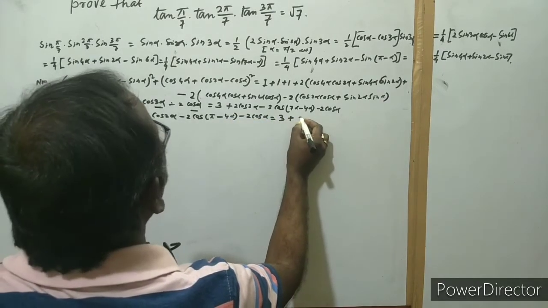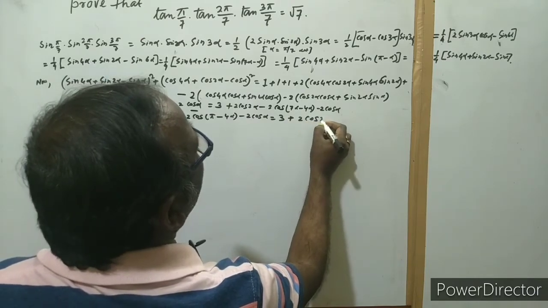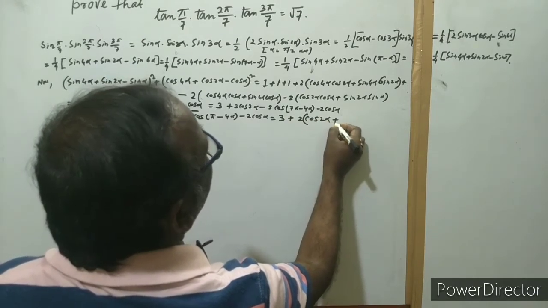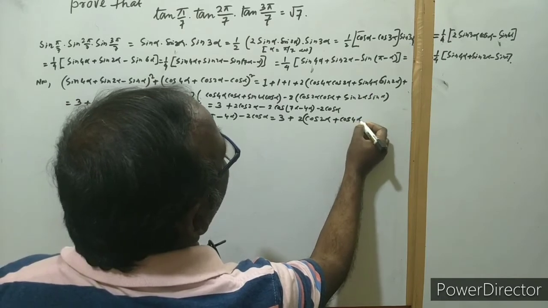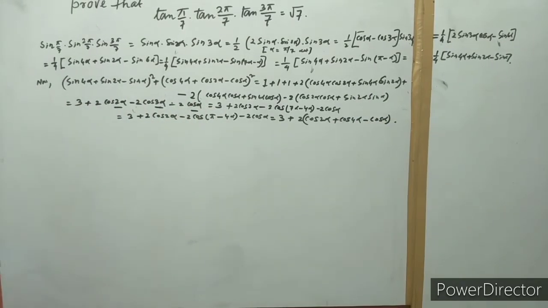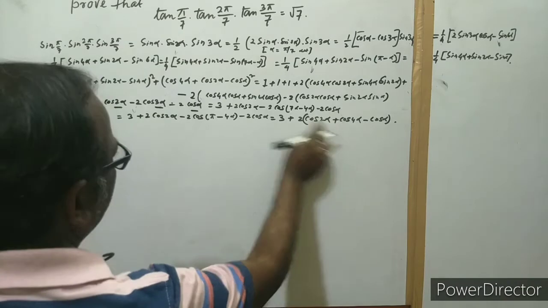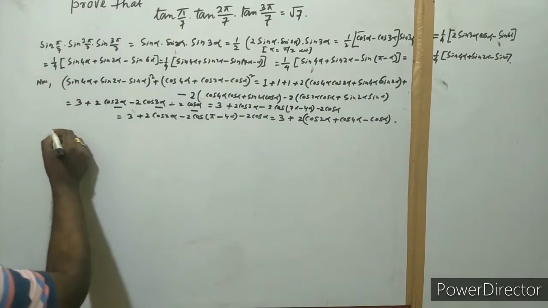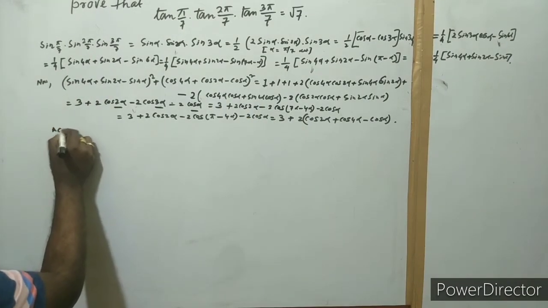So 3 plus 2 into cos 2 alpha plus cos 4 alpha minus cos alpha. Okay, so now we have to find this value.